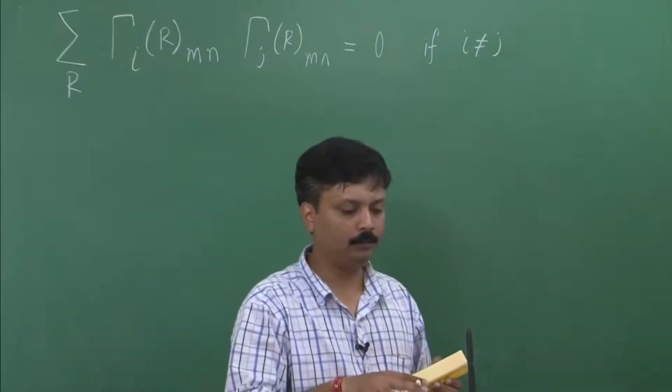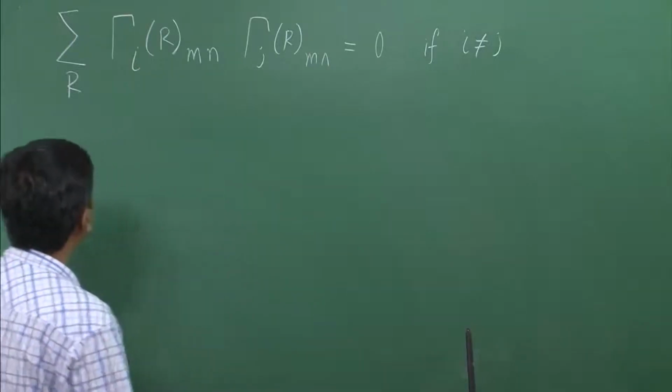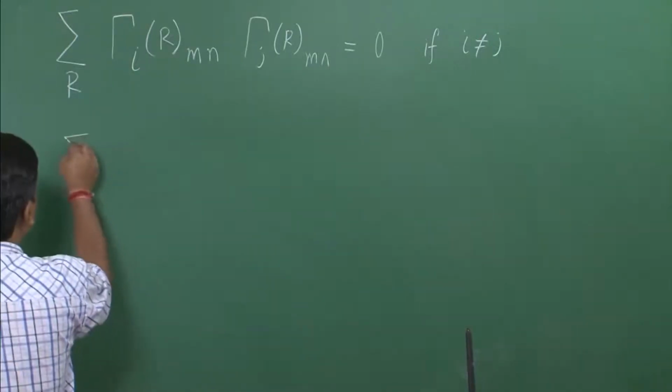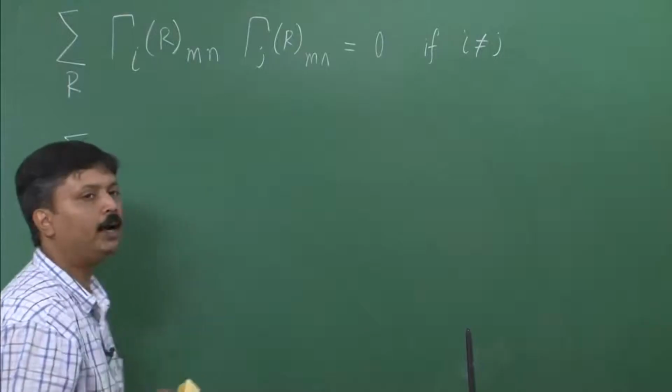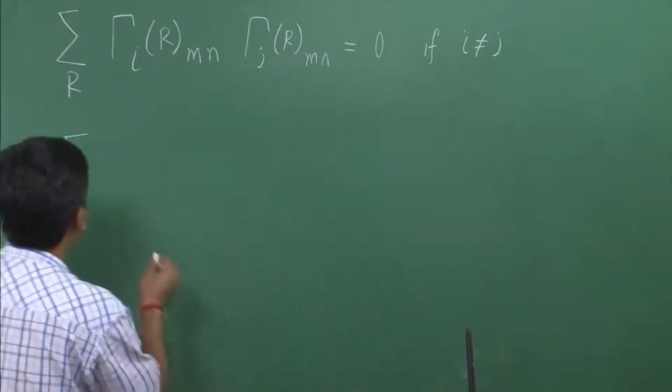And if I choose the same irreducible representation, but if I do not choose the same element, then what will happen?